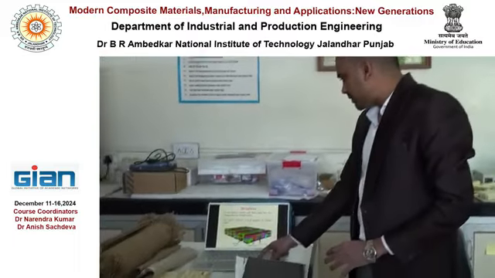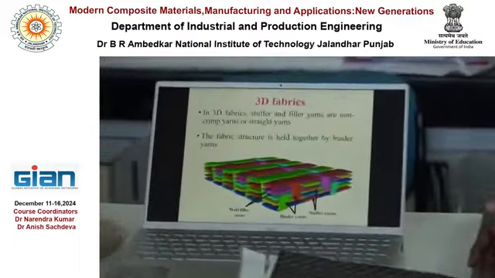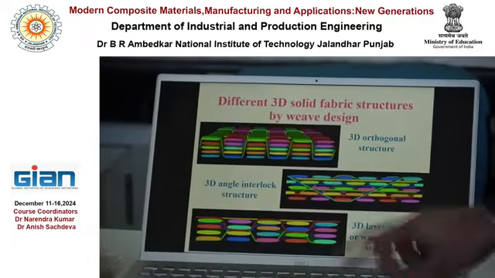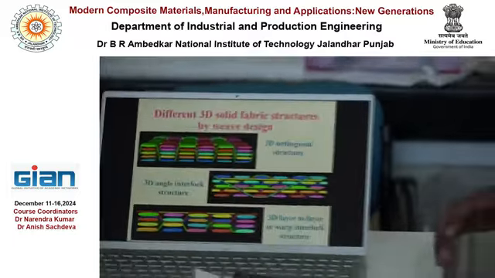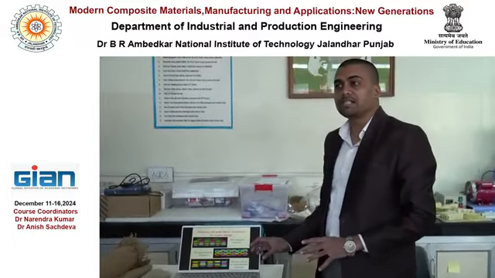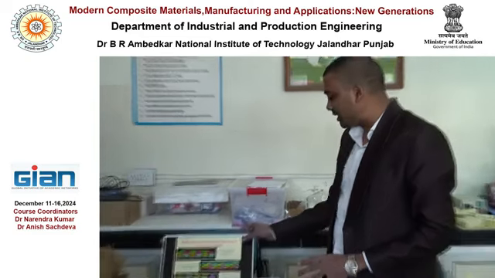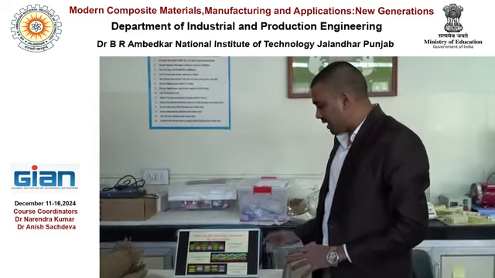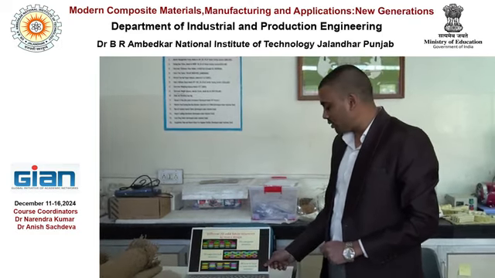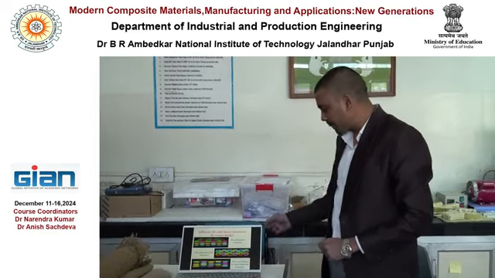Now in case of these 3D solid structures, as I discussed with you, there are 3 different solid structures. One is the 3D orthogonal structure, another one is the 3D angle interlock, and the third one is the 3D warp interlock or layer to layer interlock.